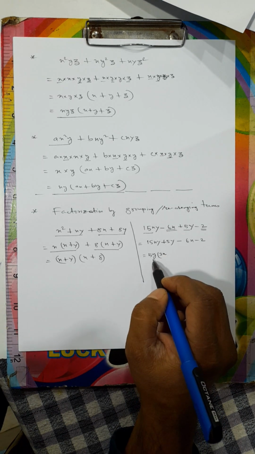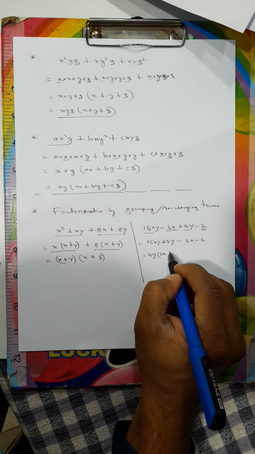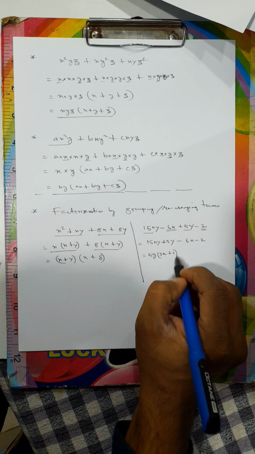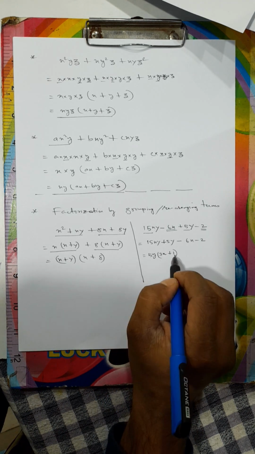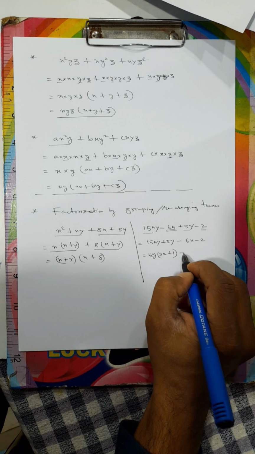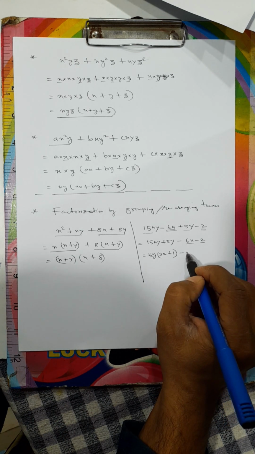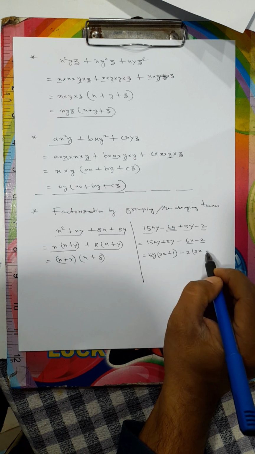If you multiply 5y into 3x, you will get 15xy. Then we will write 1 is being left out after taking 5y from this term, right? 5y into 1, 5y. So what is the common factor of these two terms? 2 is a common factor. So 2 3s are 6, 3x, 2 1s are 2, 1.